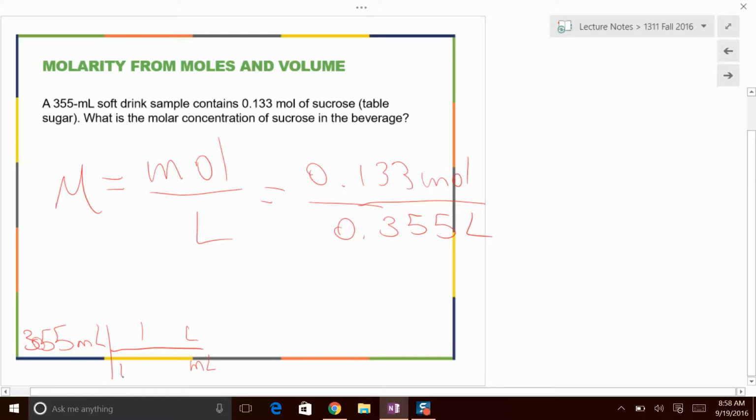So there's 1 liter, there's 1,000 milliliters. 355 divided by 1,000 is in fact 0.355 liters. Okay? So if I had 1,000 milliliters, it would be 1 liter, right? So if I have 355 milliliters, that's 0.355 liters. If I have 35 milliliters, that's 0.035 liters.